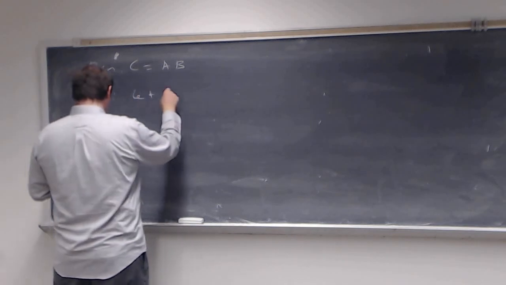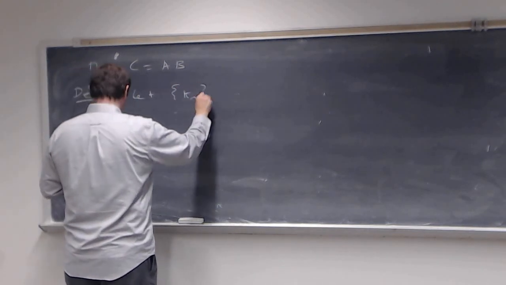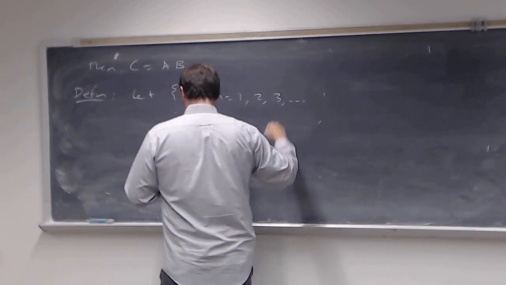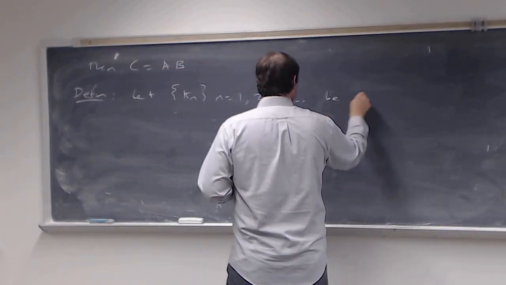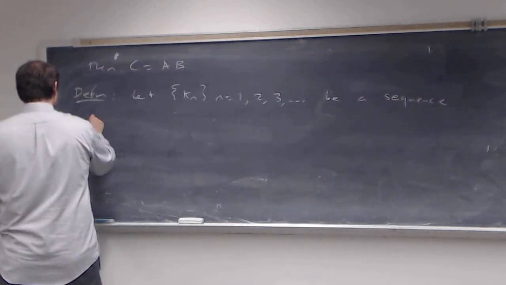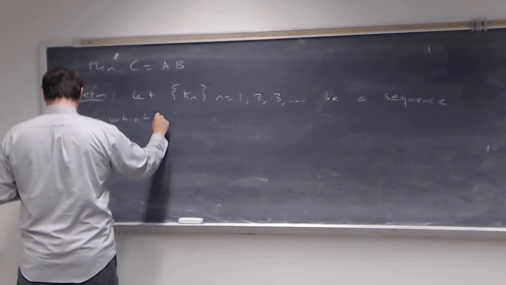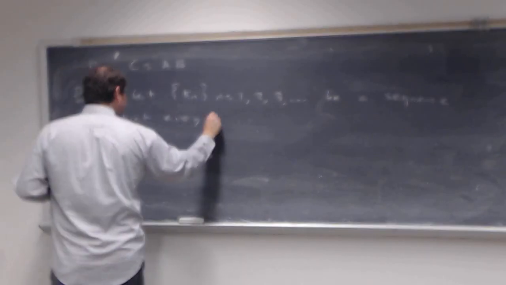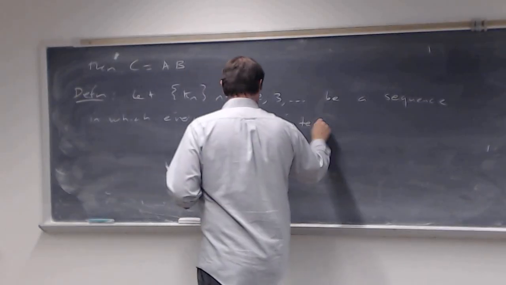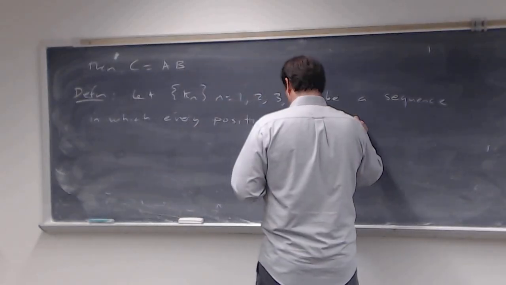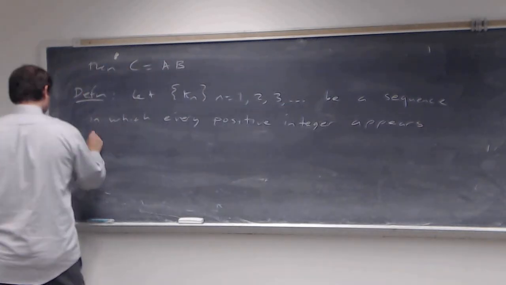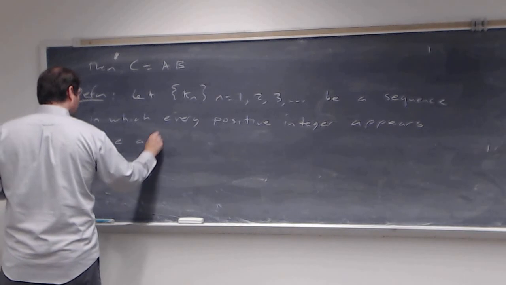We're going to say let k sub n, as n equals 1, 2, 3, forever, be a sequence in which every positive integer appears once and only once.